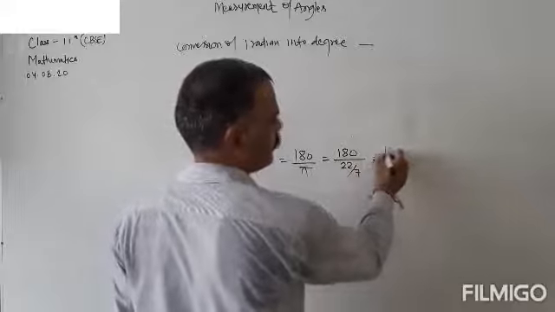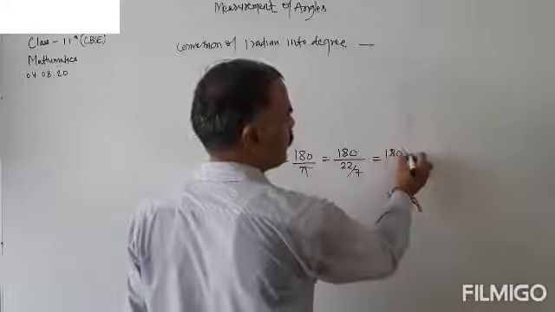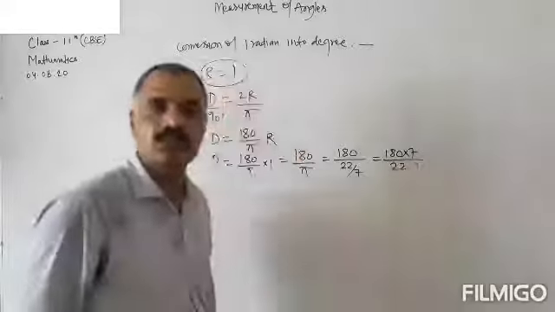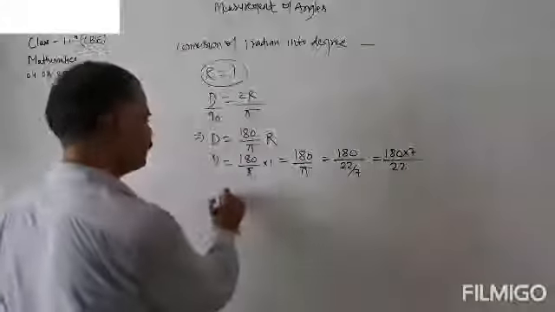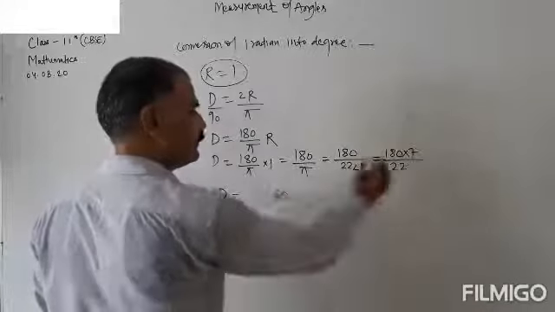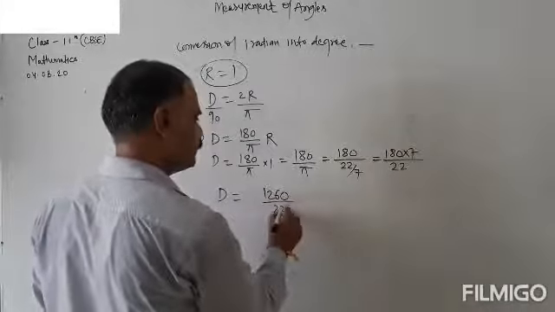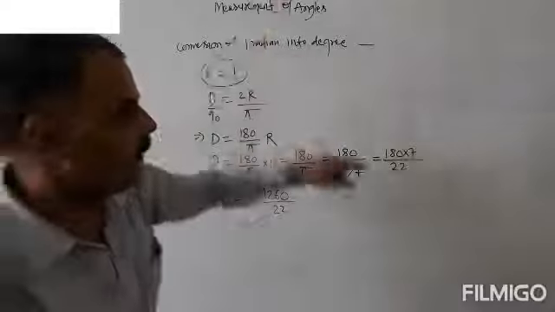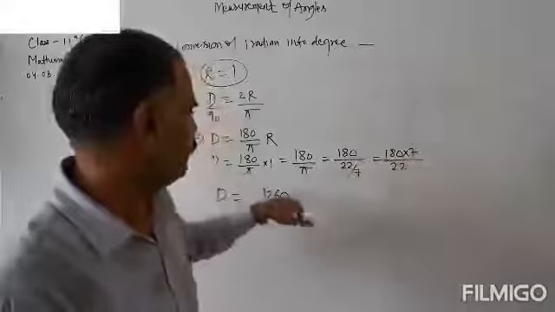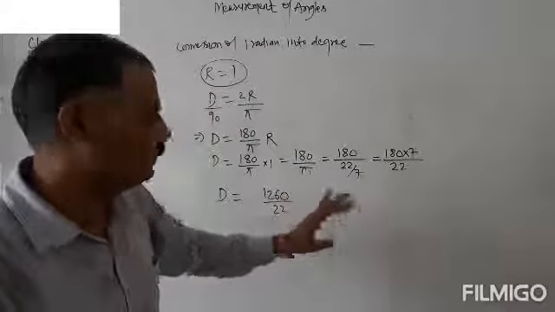This can also be written as 180 multiplied by 7 divided by 22. So degree is equal to 1260 upon 22.